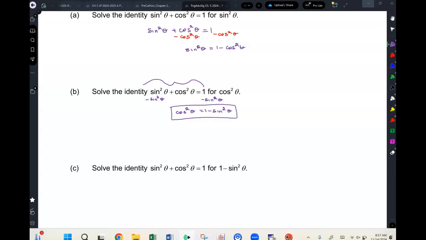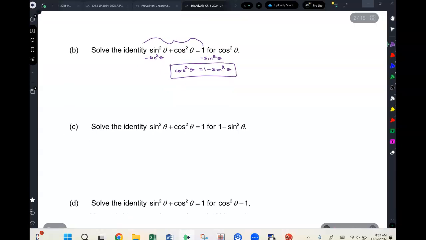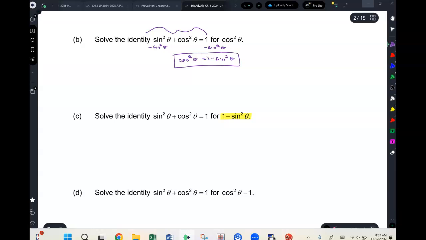Yeah. Okay, now this one. So this one is saying to solve for 1 minus sine squared theta. I'm just going to write this one over again. Sine squared theta plus cosine squared theta equals 1. So I'm solving for 1 minus sine squared theta.